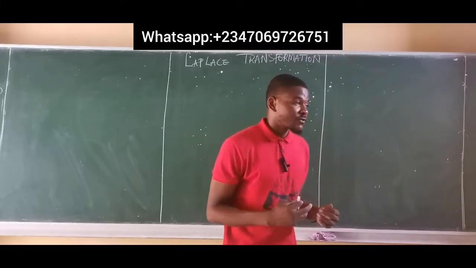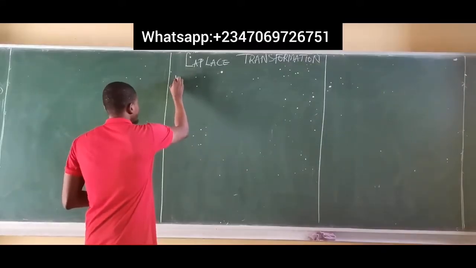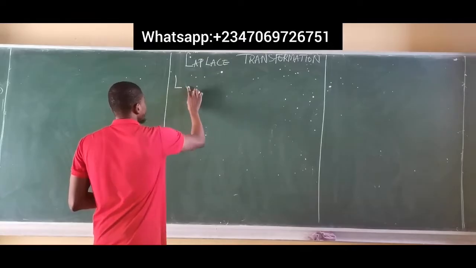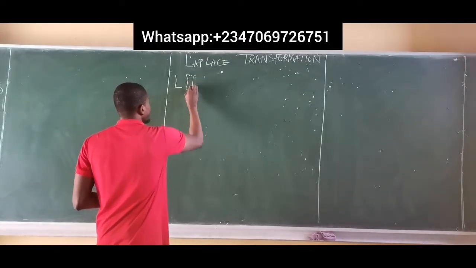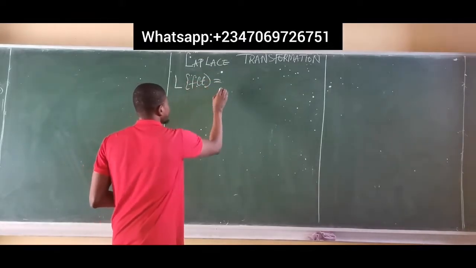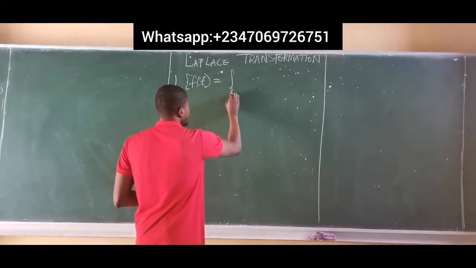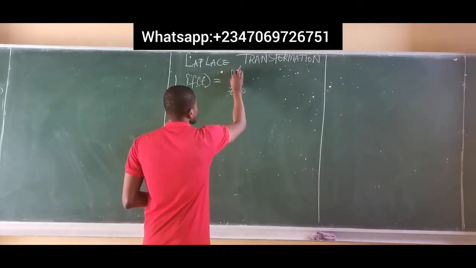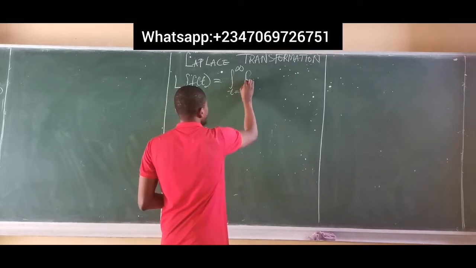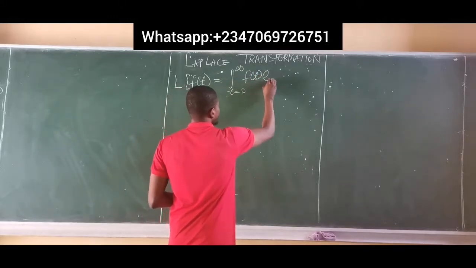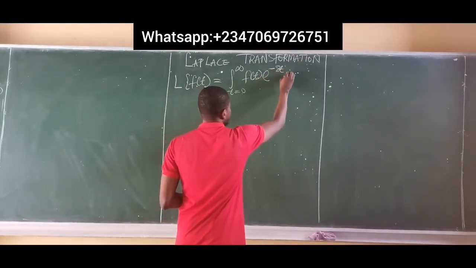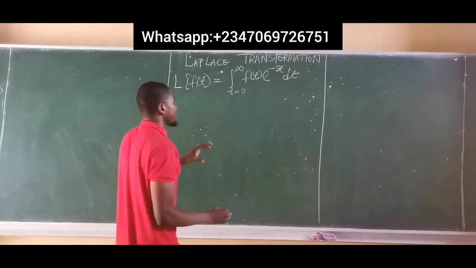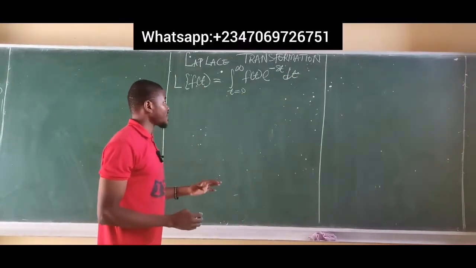Now, what is Laplace transformation? The Laplace transformation of a function, let's say f of t, is simply given as integral from t equal to 0 to infinity of that function f of t multiplied by exponential minus st dt. So this is how to denote or solve your Laplace transformation.